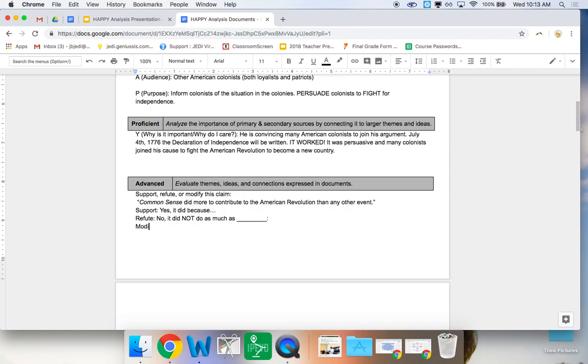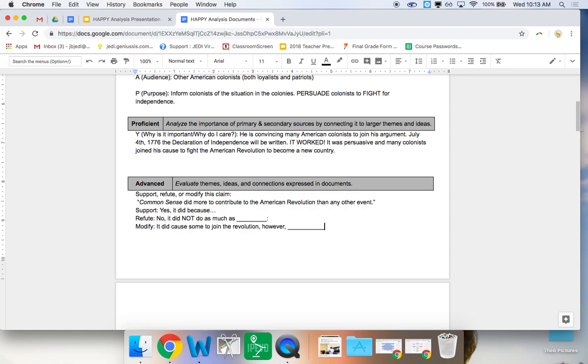Or I can modify that claim, and I can say something like, well, it did cause some to join the revolution. However, and then maybe I'm going to also add something else, saying it was one of many events.